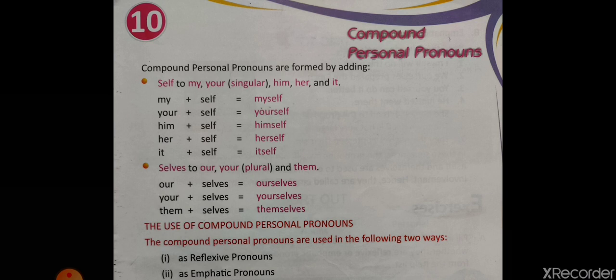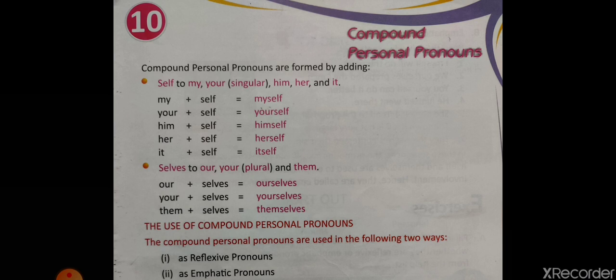We already know what personal pronouns are. I've already taught you in the last video that personal pronouns are the pronouns that we use in first person, second person and third person. First person is when we are talking about ourselves, that is I, me, we, us.